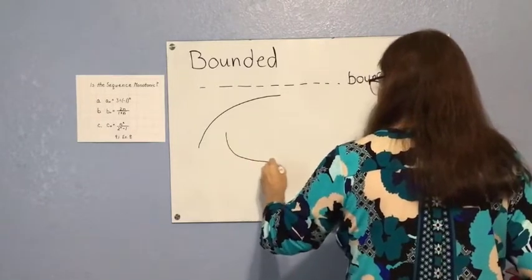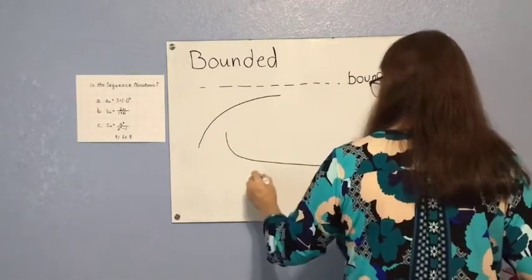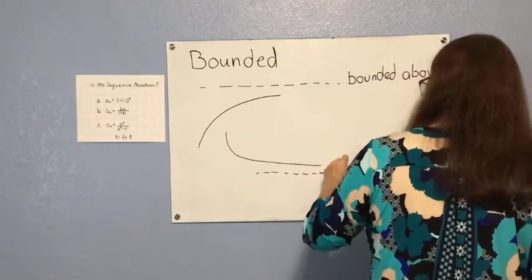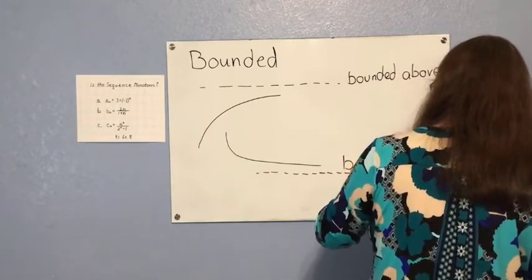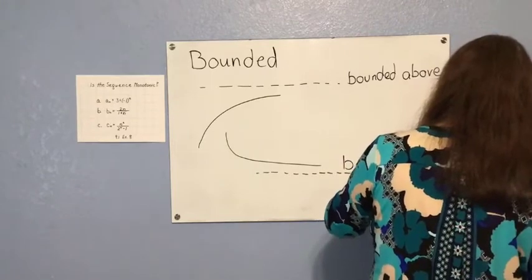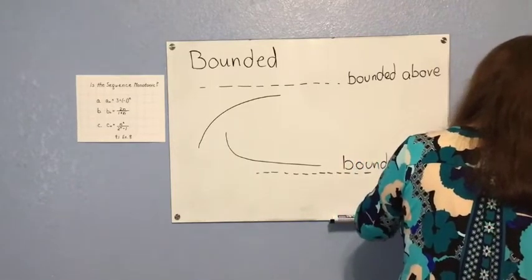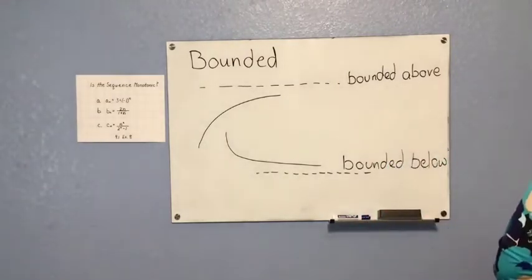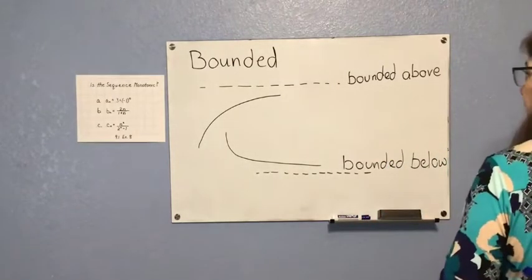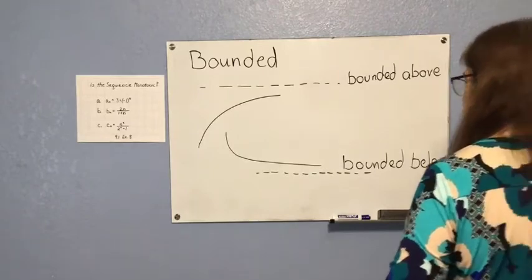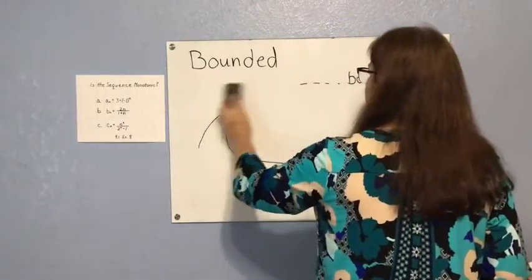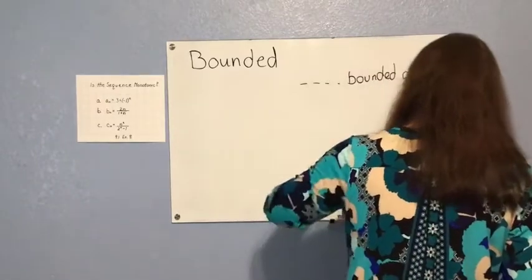If the sequence looks more like this, and is approaching some number that it will not go below, that's of course bounded below. Okay, some sequences are bounded both above and below, in which case we would just say that they are bounded.